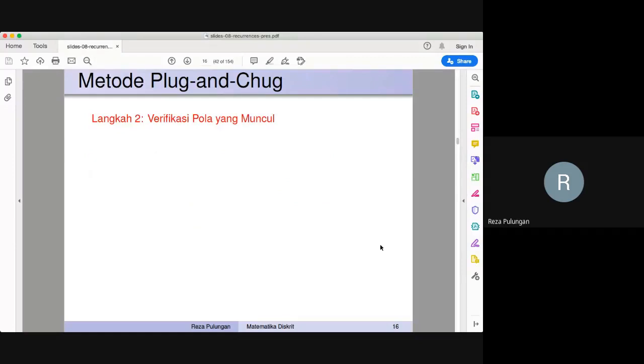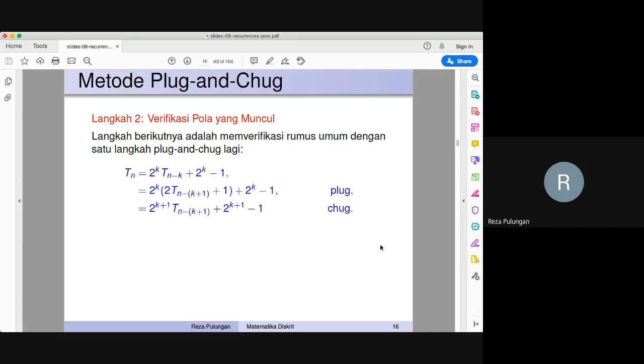Okay, let's continue. What do we have to do next? In the second step, it is not enough that we encounter a pattern, we have to verify this pattern. What does it mean to verify this pattern? Well, it means that you have to prove that the pattern is correct. How do we prove this?